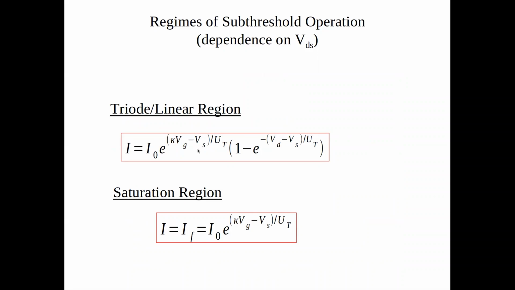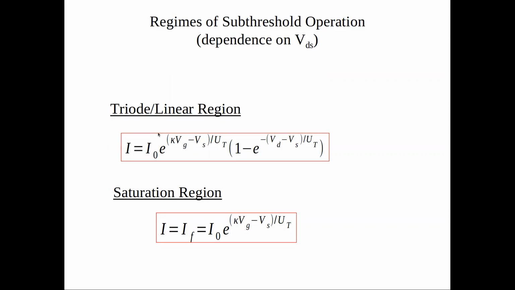And then you get a 1 here, and then you have e to the minus Vds here. So if you have Vd minus Vs, for simplicity, you can write it Vds in short notation. And here you have kappa Vg minus Vs, because there is a kappa that's only multiplying the Vg and not Vs. So now you see that this is sort of the full equation that we derived from all of the previous slides.